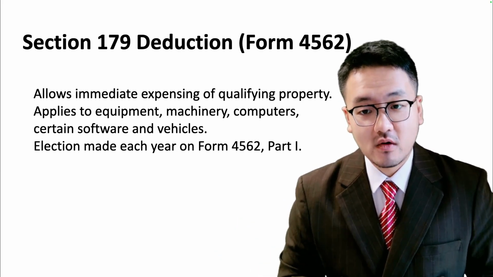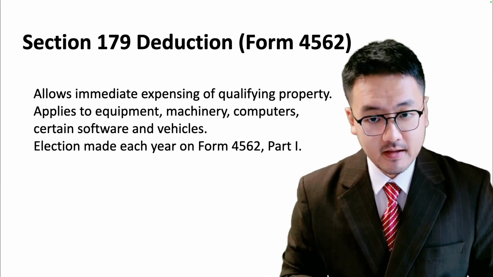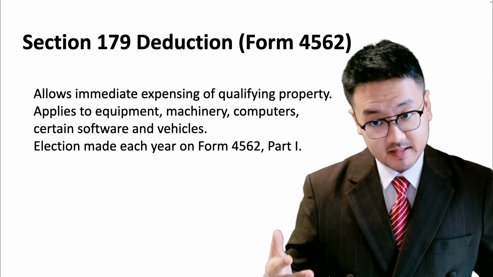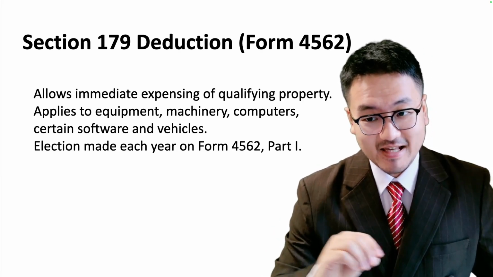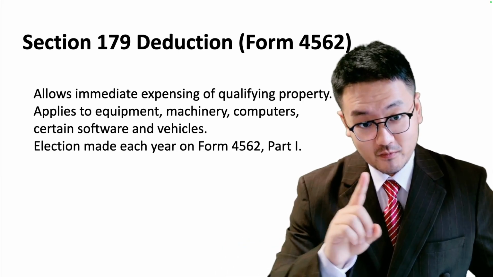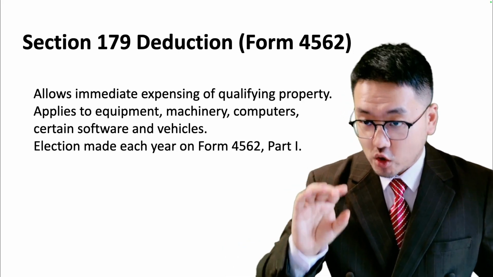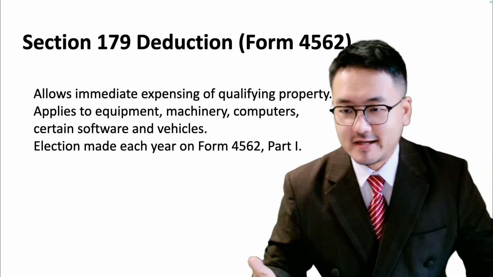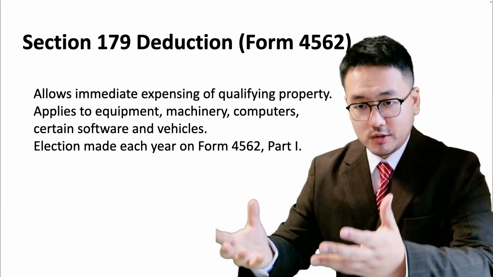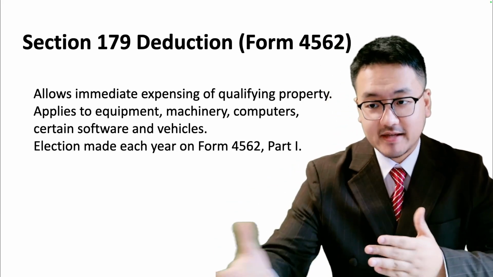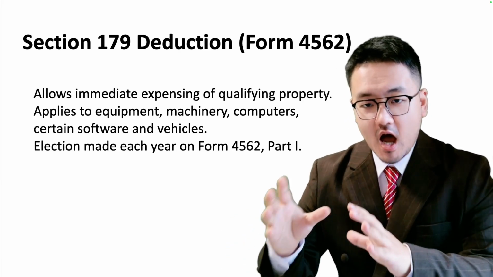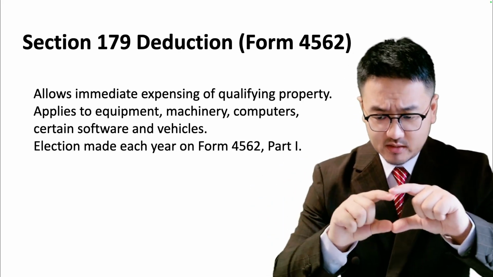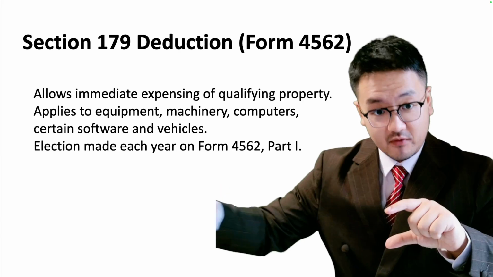What's Section 179? Basically, Section 179 lets your US business immediately expense the cost of, remember the word here, the qualifying property. Normally, if you use your company's money to buy some asset, for accounting purposes you should spread the deduction over several years.